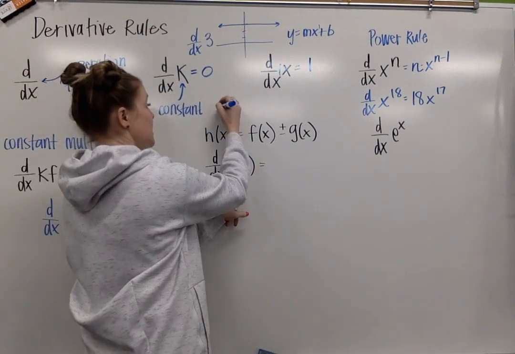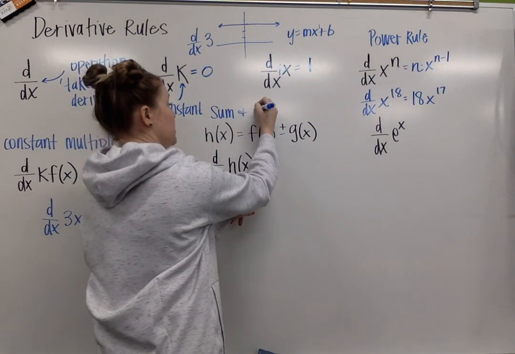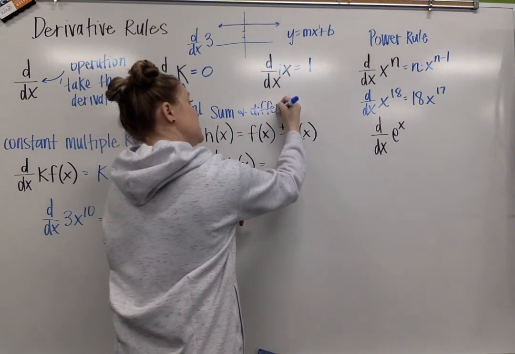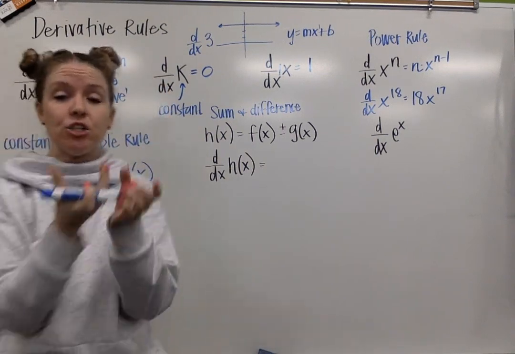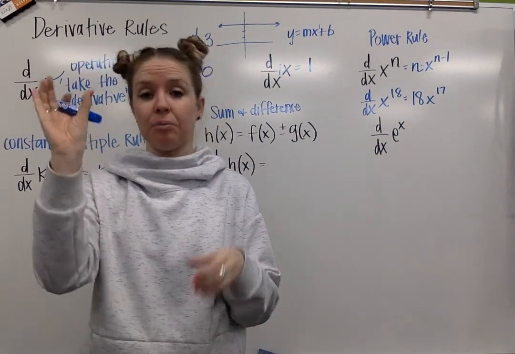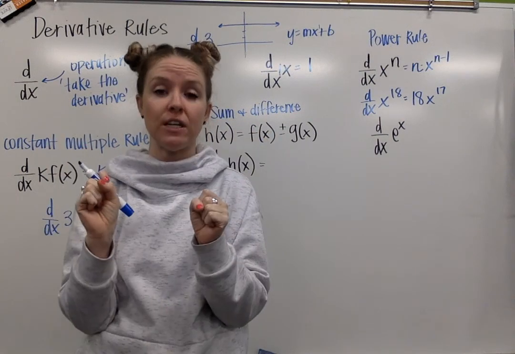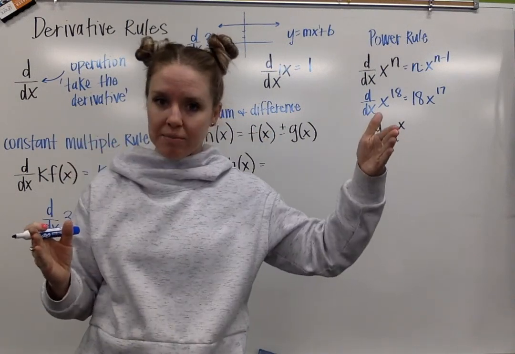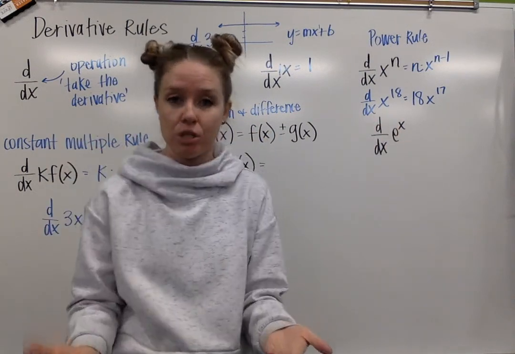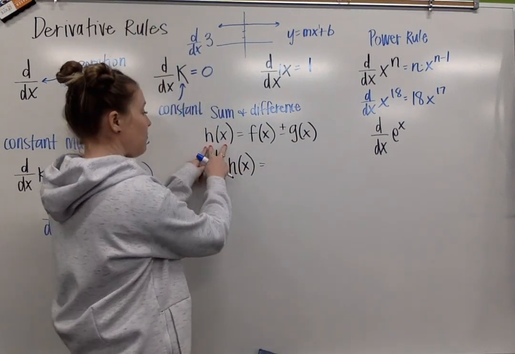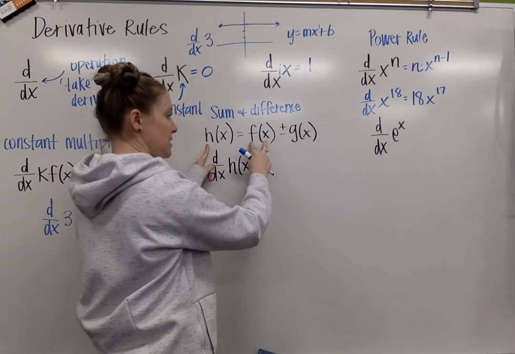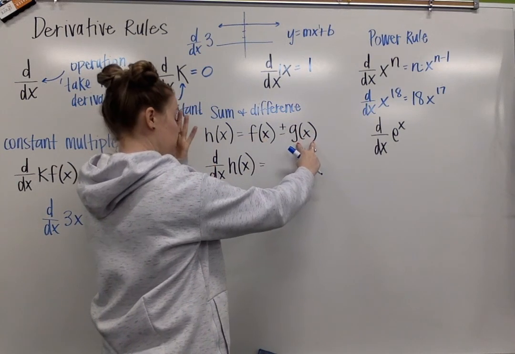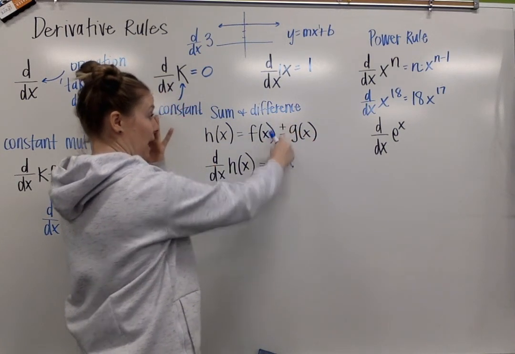Here, this is the sum and difference rule. This is kind of similar to the rules we've talked about with limits, in that you can split it and take the plus or minus. You can do each function individually, or you could do them at the same time. It's going to give you the same solution. So here we have a function h of x that is made up of two separate functions, f of x and g of x. It could either be a positive or a negative here.